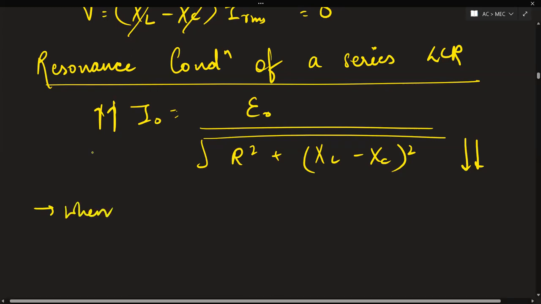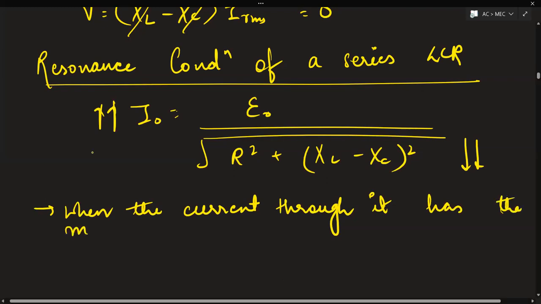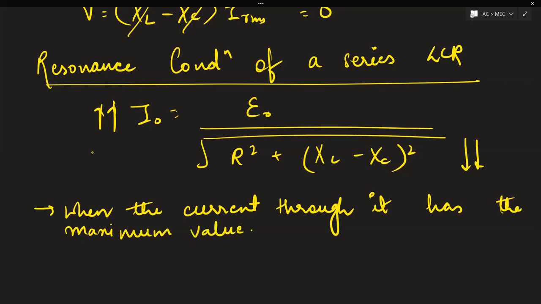A series LCR circuit is said to be in resonance when the current through it has the maximum value. This is known as the resonance condition.